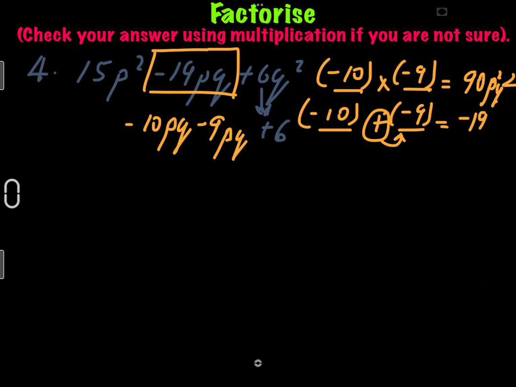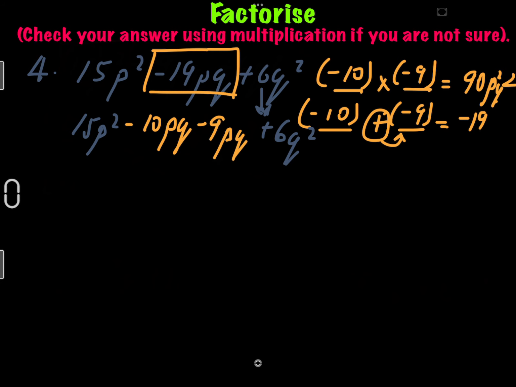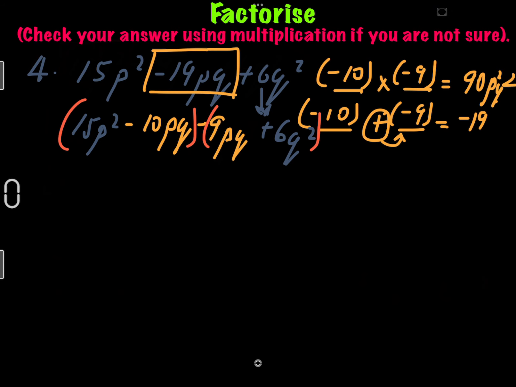So we have 6q squared, and also drop the first term, so it's 15p squared. And collect these terms, rather group them in our parentheses. We can clearly see that 5 is our common factor and p is also our common factor.